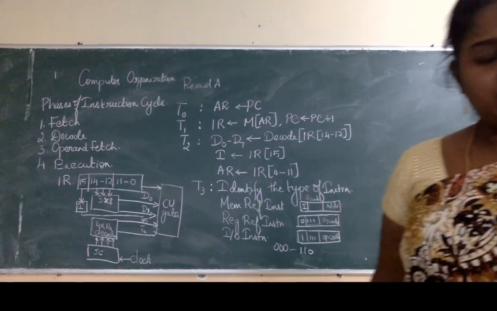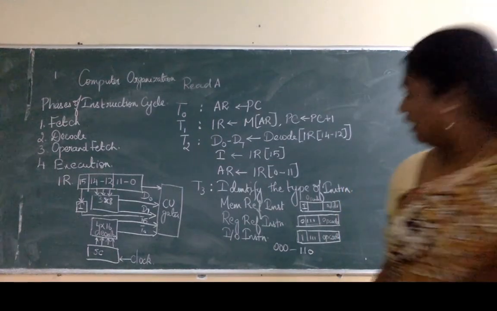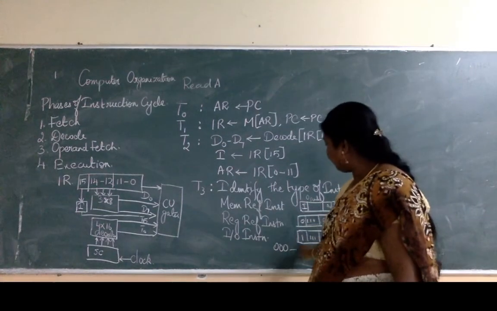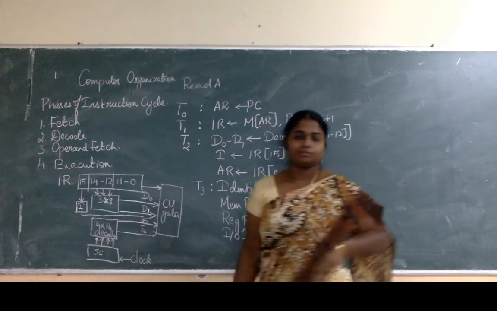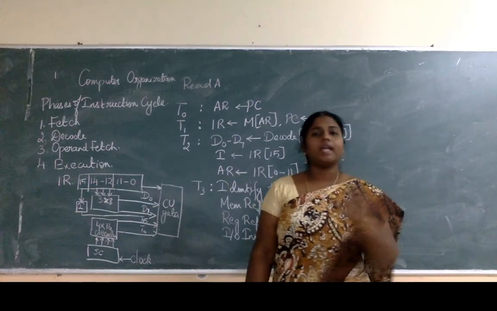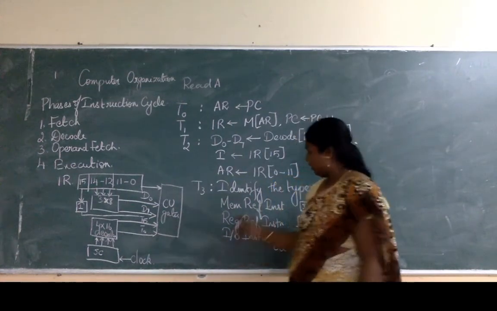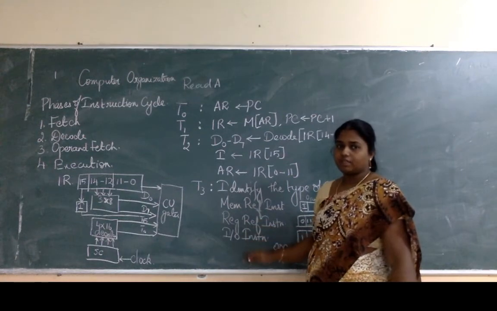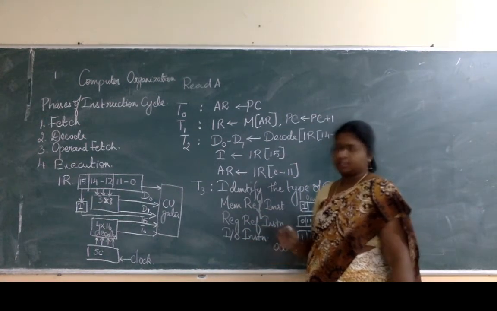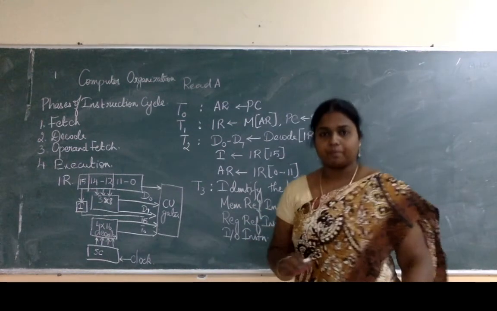Now, imagine, how do I identify these from the signals that are here? I have to somewhere identify whether it is a memory reference instruction or a register reference or an input-output instruction.